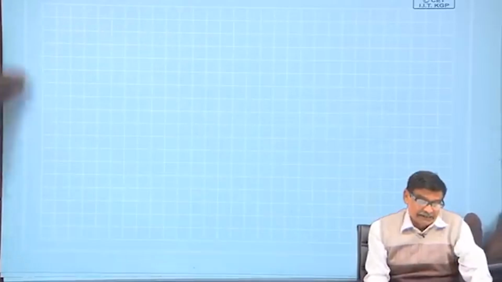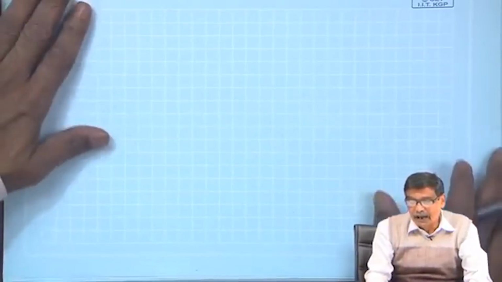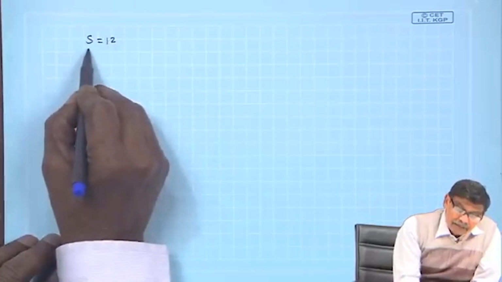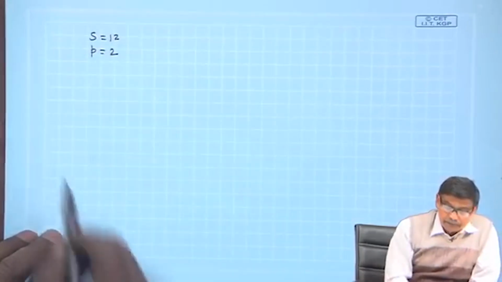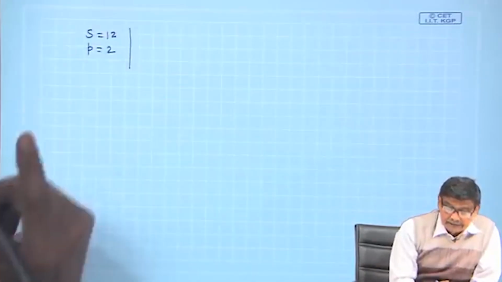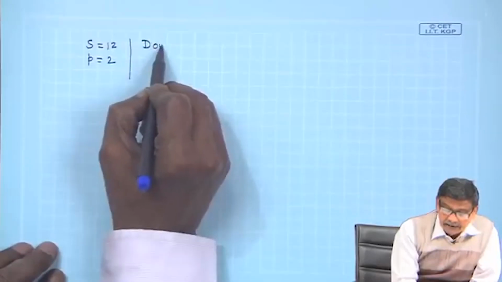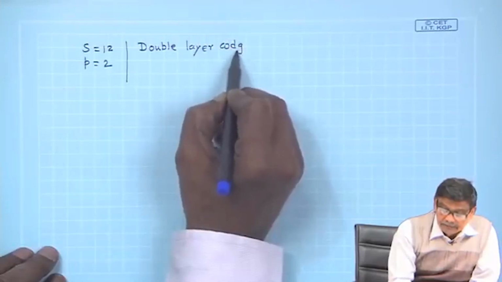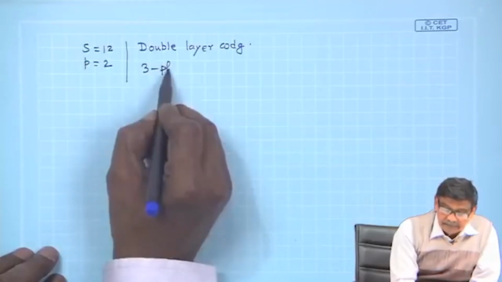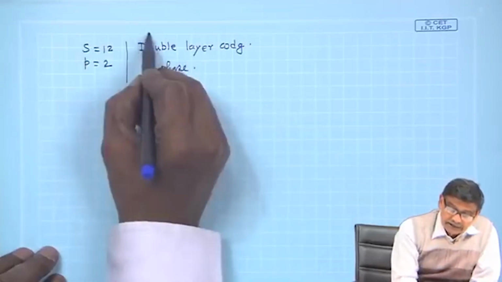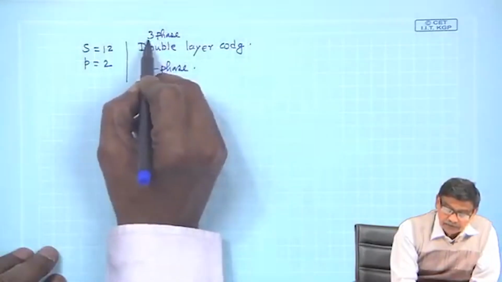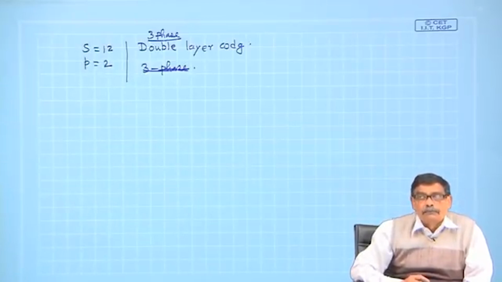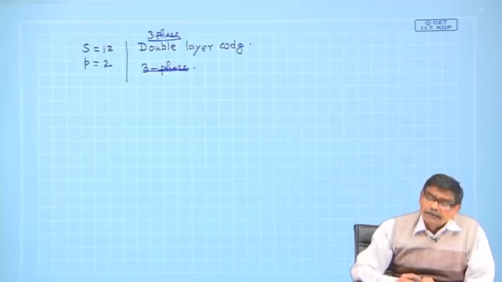Then I will add another term. Suppose I say, with this specification, S equal to 12, P equal to 2, number of poles 2, and I want to make a double layer winding, and that is a 3-phase winding, because that is the most popular thing. 3-phase double layer winding I want to make out of the things given to me, S equal to 12, P equal to 2. 3-phase windings are balanced windings.